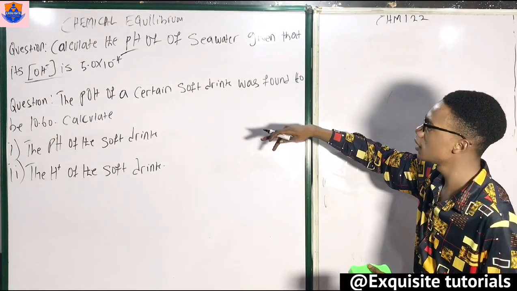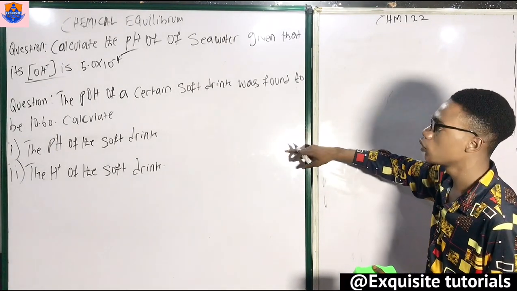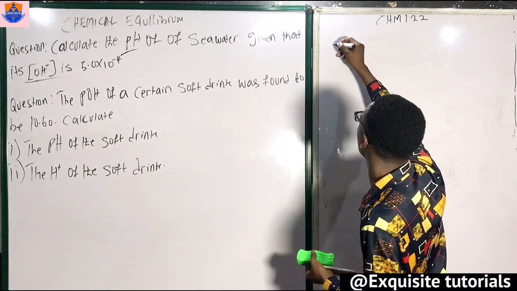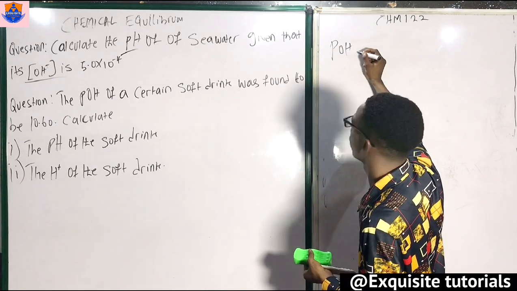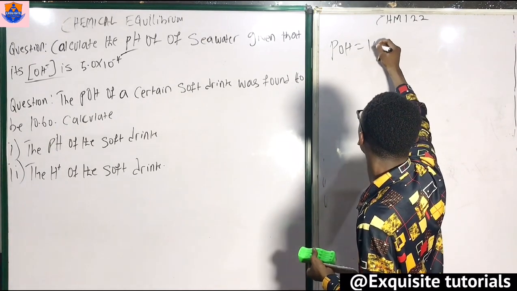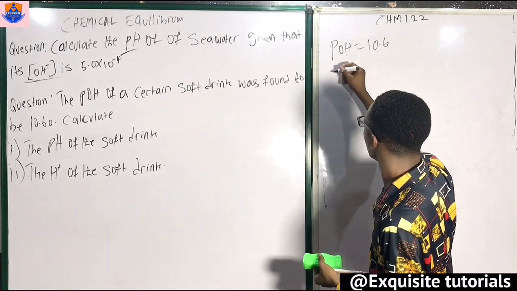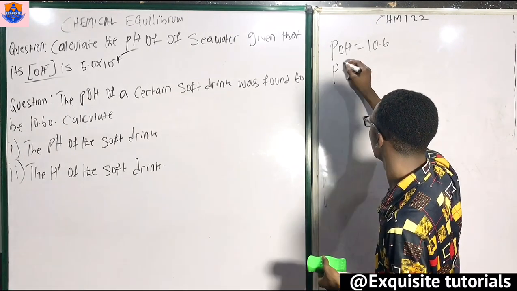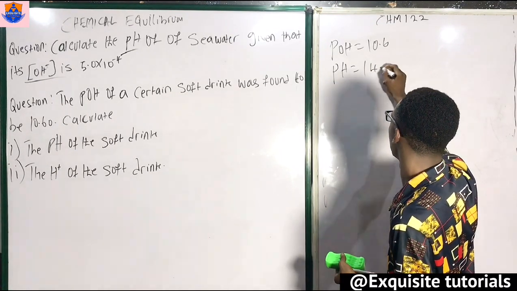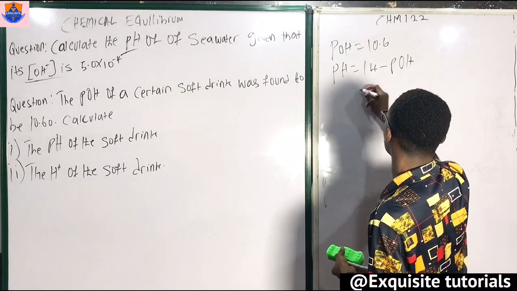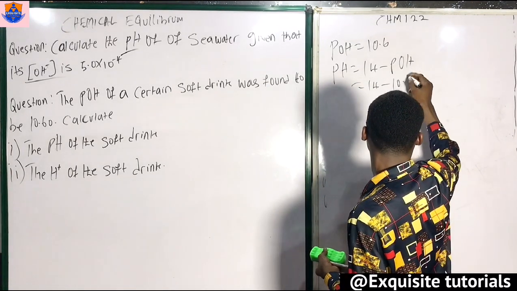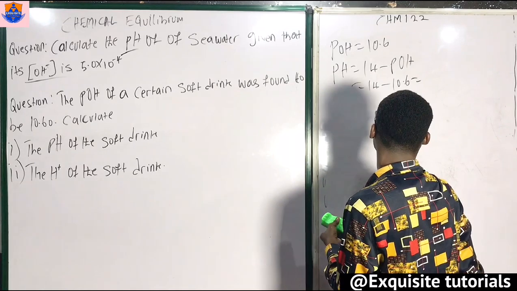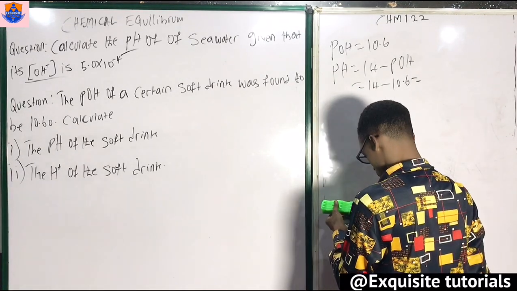So we have pOH is equal to 10.6. Therefore pH is equal to 14 minus pOH. So 14 minus 10.6, which is equal to 3 point something.